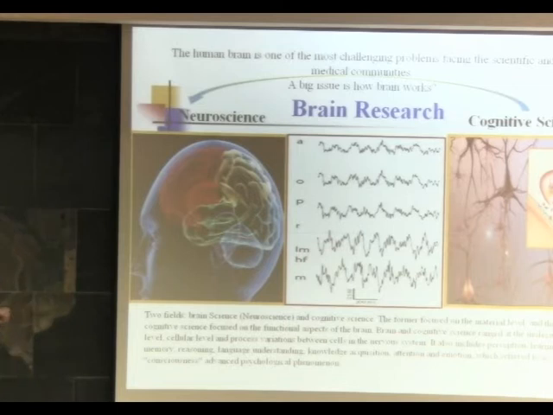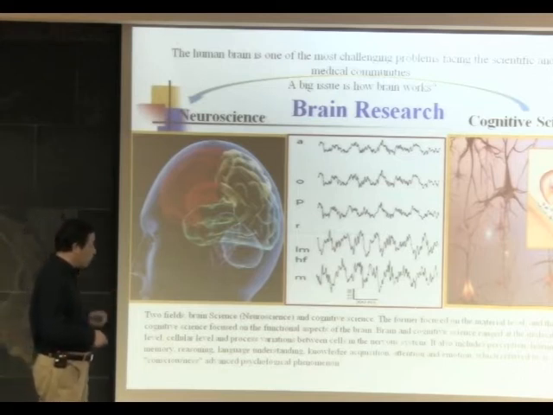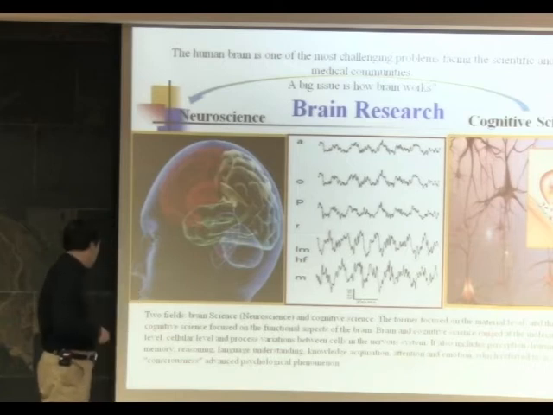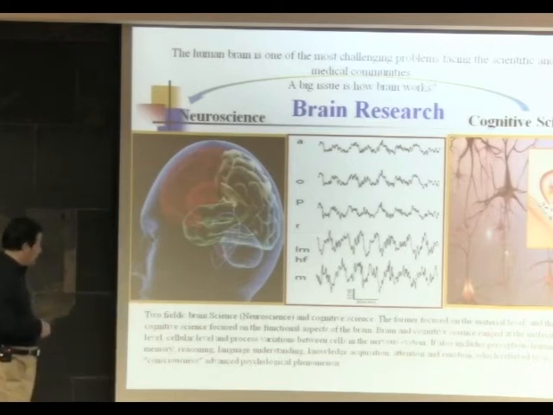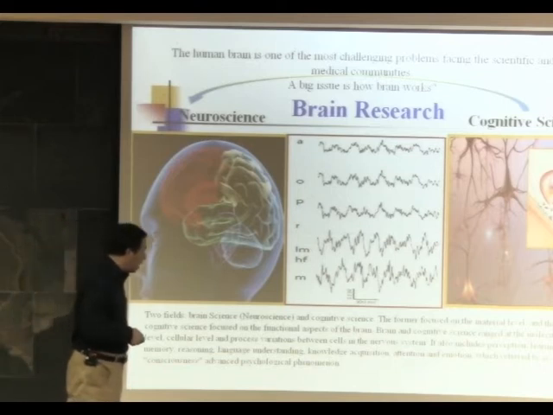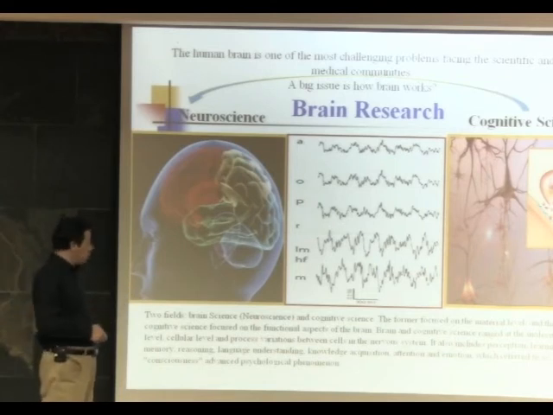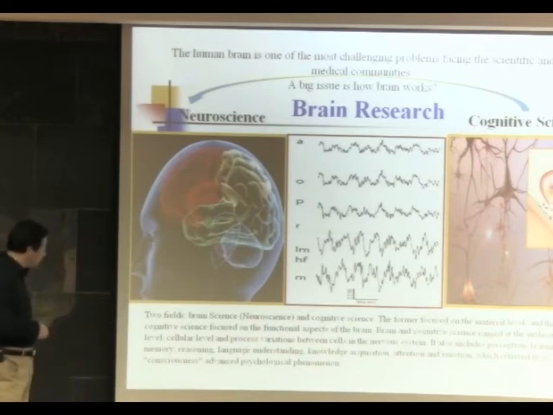As we know, there are 2 fields. One is brain science, sometimes called neuroscience. The other is cognitive science. The former usually focuses on the material level, and cognitive science usually focuses on the functional level of the brain. They range across several levels, including the molecular level, cellular level, and so on.